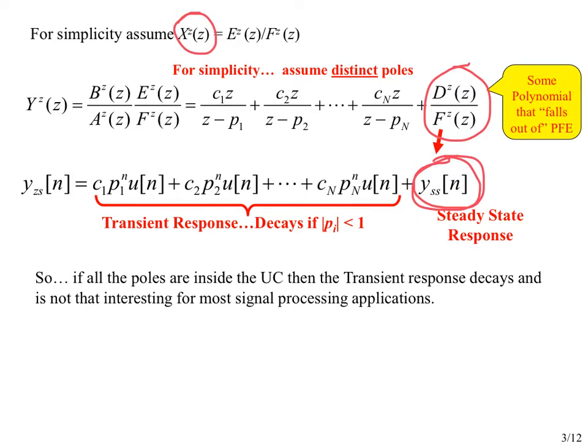A stable system driven by an input that grows without bound will generally, not always, but could have an output that grows without bound. But the important thing is that if we have a stable system, this transient response decays away, and in control systems applications, this transient response is actually one of the most important things. It controls how quickly we can get to the steady state response of the system to our control signal.